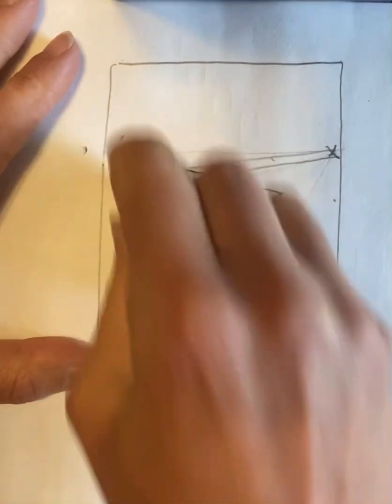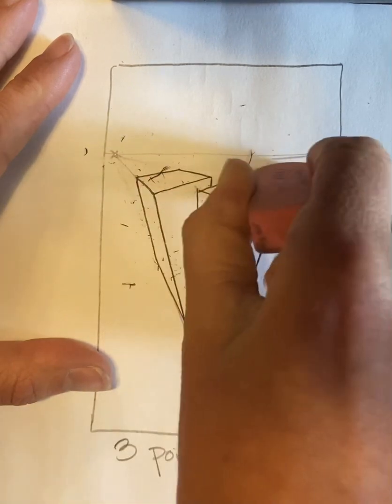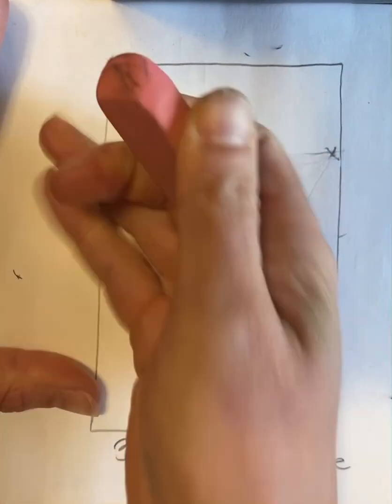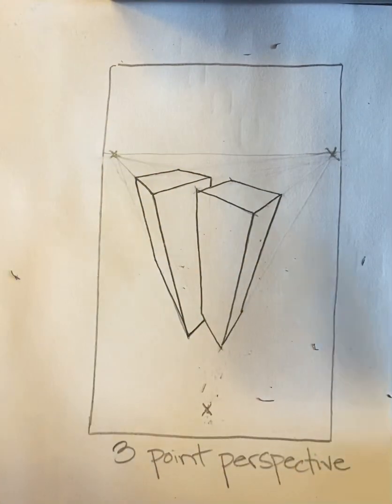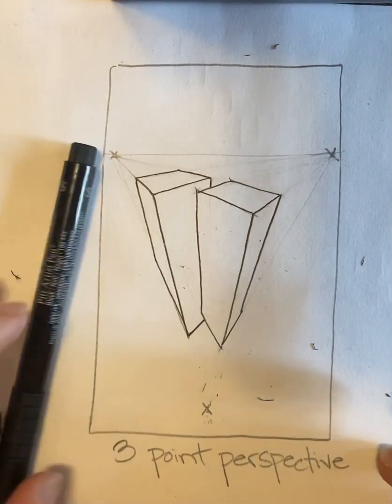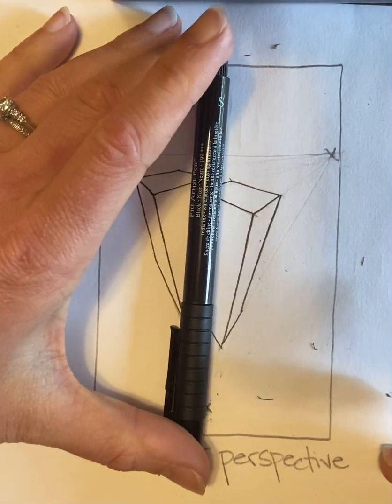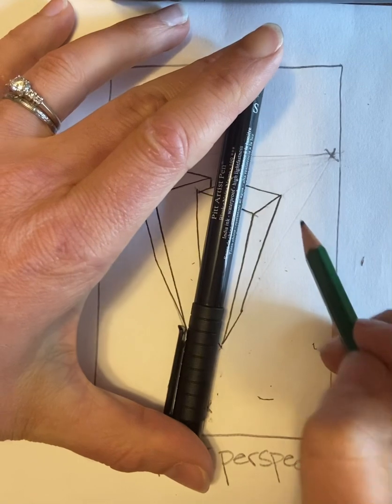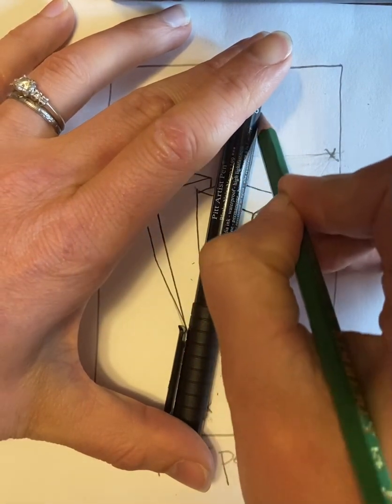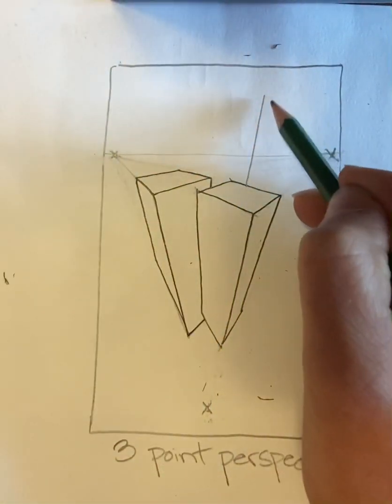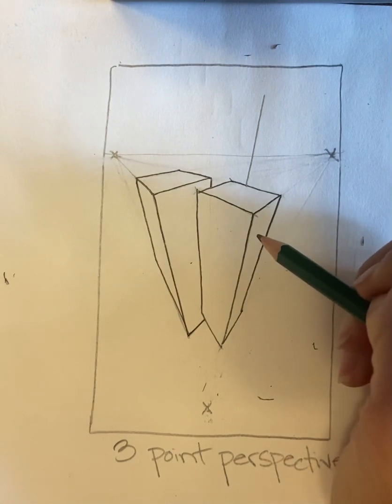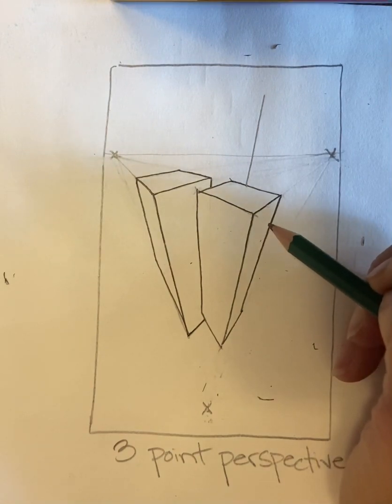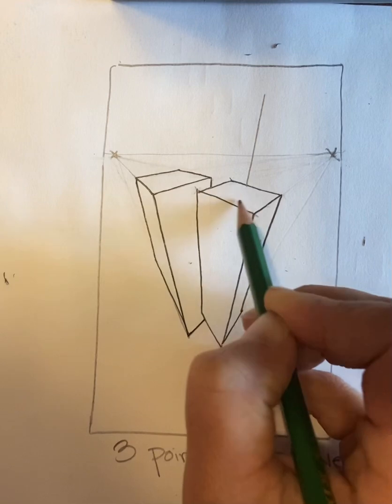Now, if you were going to draw one of these, but let's say the building was so tall that it went above this horizon line, it would be only slightly different. So I'm going to put in a building back here, and it's going to be so tall and tucked behind these other 2 buildings. This is actually a little bit easier because you don't see the top of it.